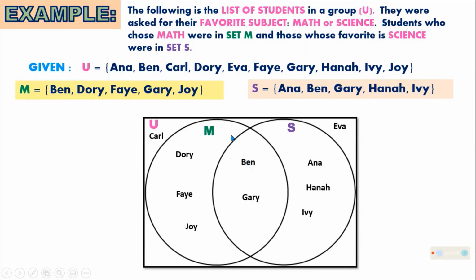Ang laman lang ni set M at ang laman lang ni set S ay 8. 1, 2, 3, 4, 5, 6, 7, 8. So, kulang ng dalawa. So, si Carl yun at saka si Eva. Sila yung nasa labas ni set M at saka ni set S kasi nga wala silang gusto dyan. Di nila gusto yung math at di rin nila gusto yung science.